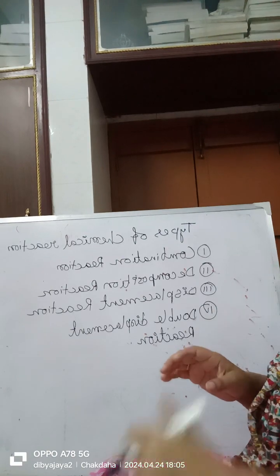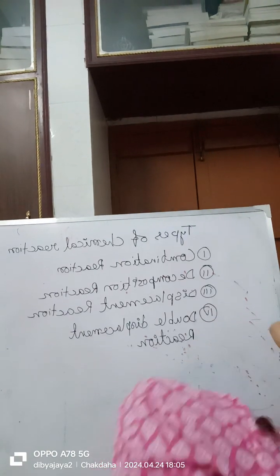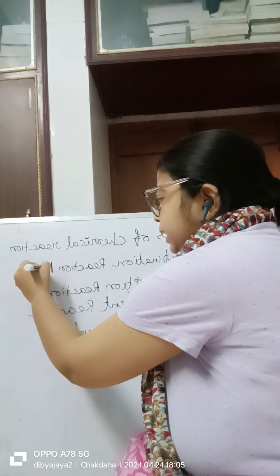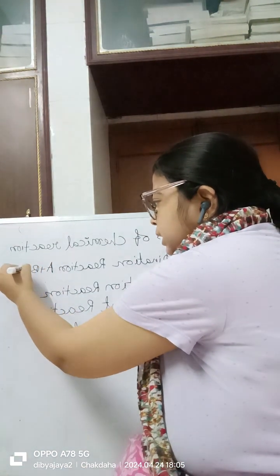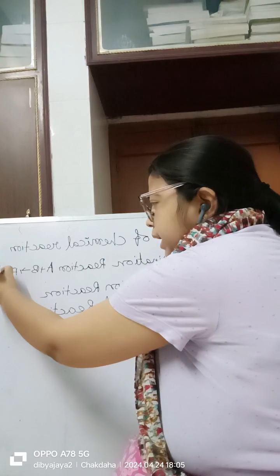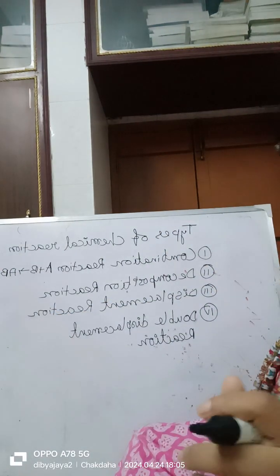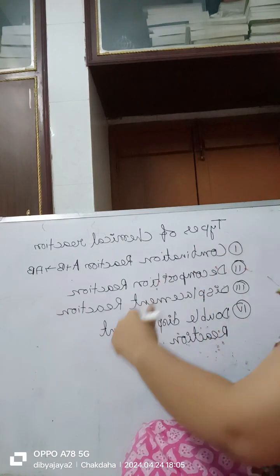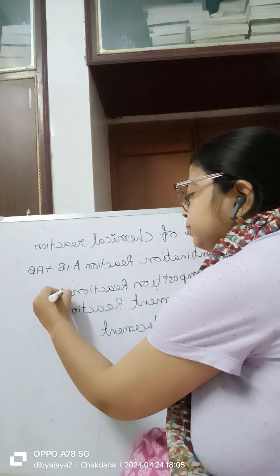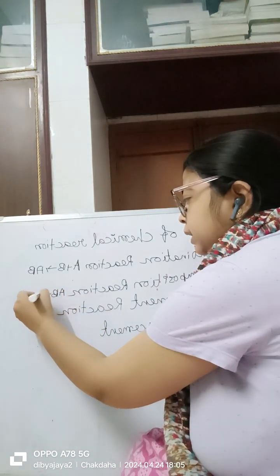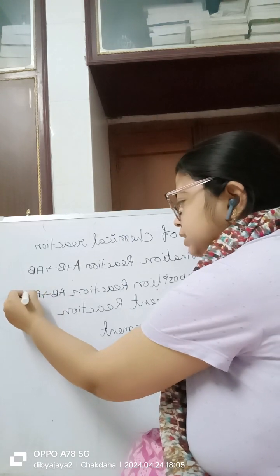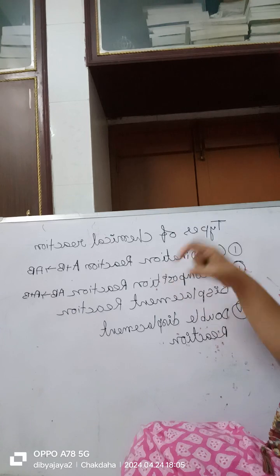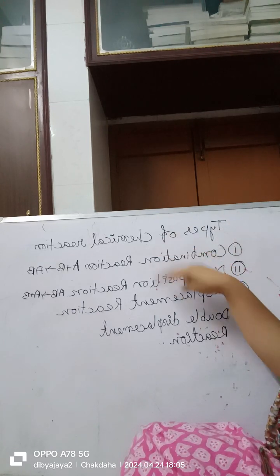We know the general formula of the chemical combination reaction: A plus B forms AB. Decomposition: AB, then the product is A plus B. Combination and decomposition are just opposite to each other.